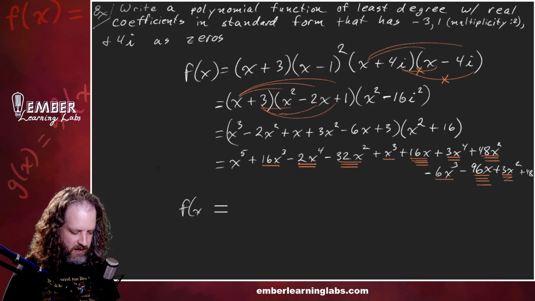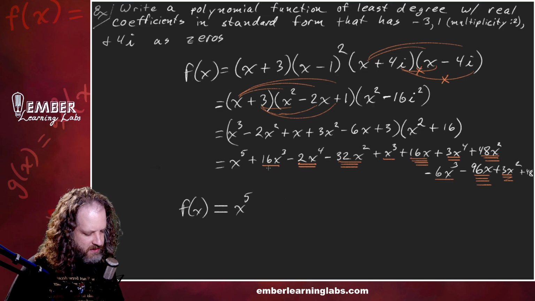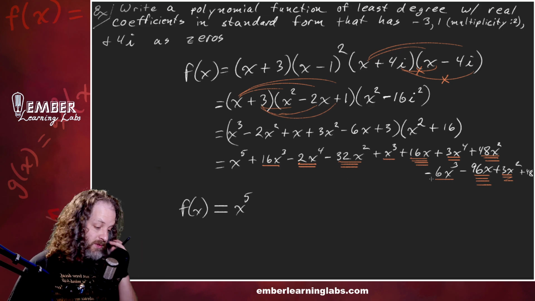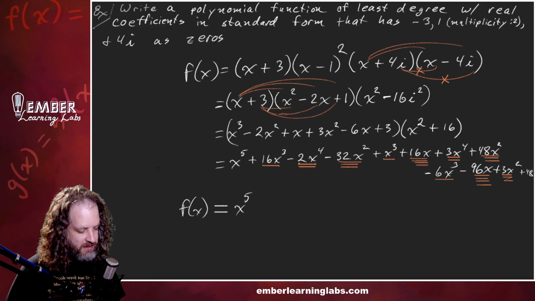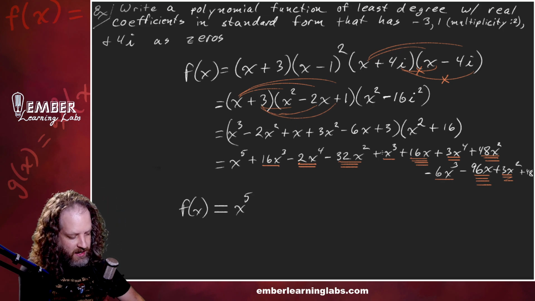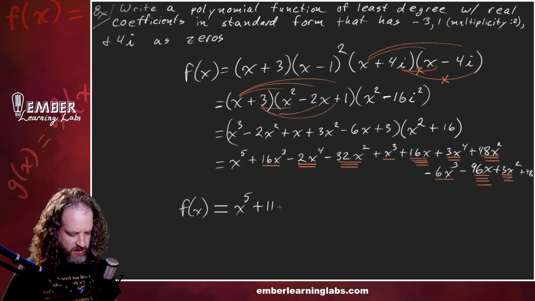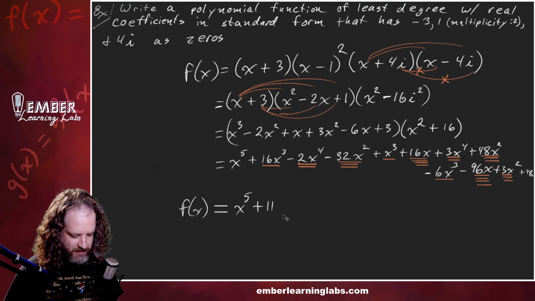So f of x equals x to the fifth, and then 16x cubed plus x cubed is, oh, look, see, I was going to miss that one because it was on this next line, but that single underline helped me catch it. So 17 minus 6 is 11. So we've got plus 11x cubed, except I really shouldn't do it in that order.